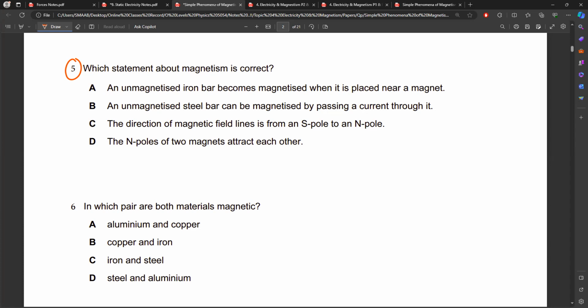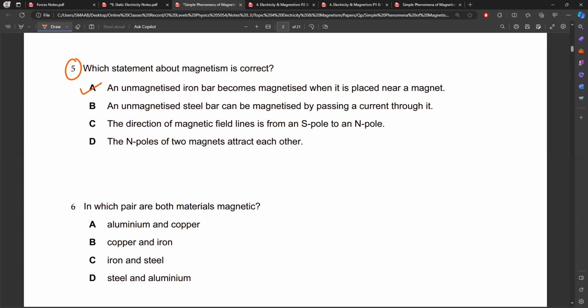Basically, it is written that an unmagnetized steel bar can be magnetized by passing a current through it, and the other is by placing it near a magnet. This is option A because they are asking which statement about magnetism is correct.